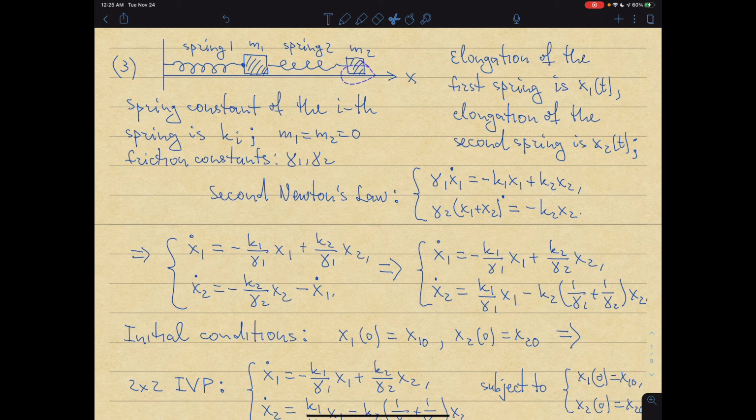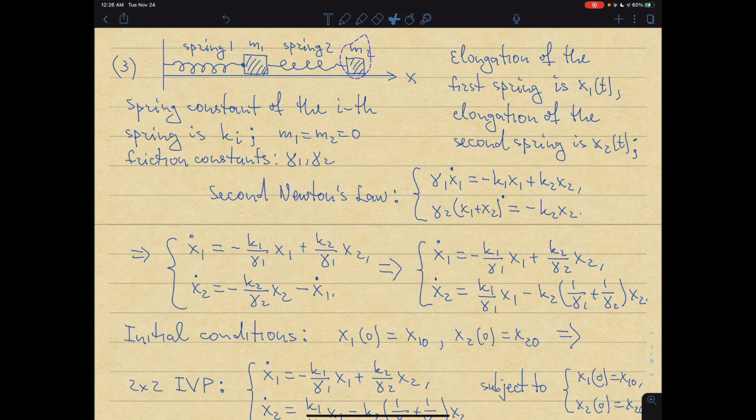And then another assumption that I'm going to make is that m1 and m2 are really tiny, so that both masses are super light, so that m1 and m2 effectively I can assume to be 0.